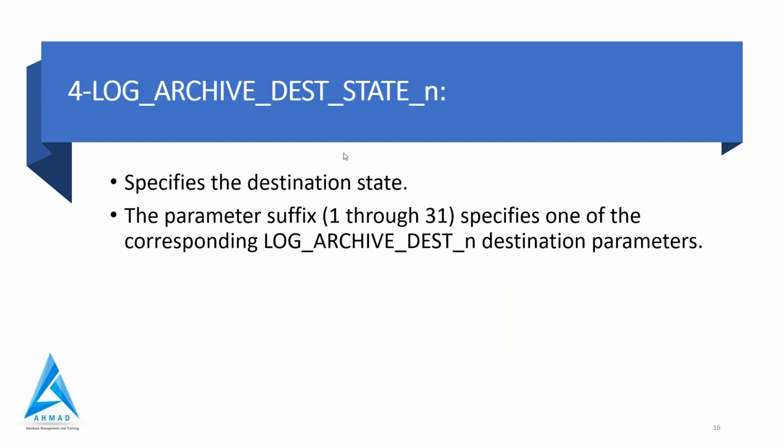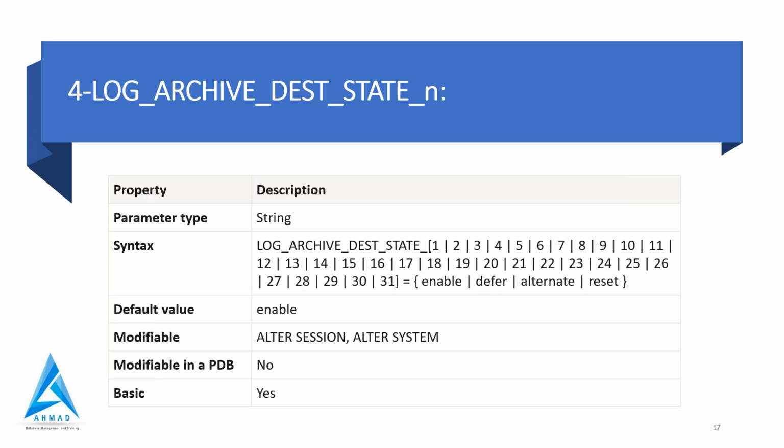And the fourth parameter is log archive dest state n. Whatever destinations you have, the state parameter also applies. State means enable or disable. If you see this, you have enable, defer, alternate, reset. Enable is the default value. If you want to disconnect the archiving, you can put it as defer, right? By alter session or alter system, you can do that.